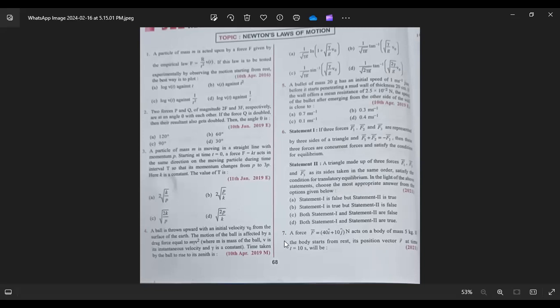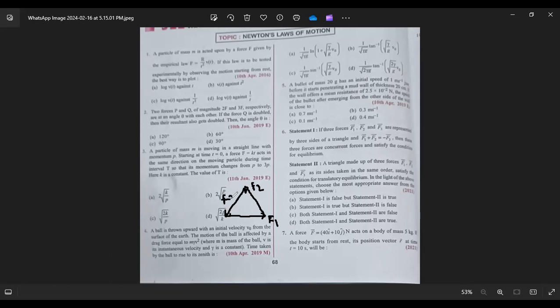So how to find this equation? This is very easy. You can see this is your F1. This is your F2, and in this direction there is your F3.